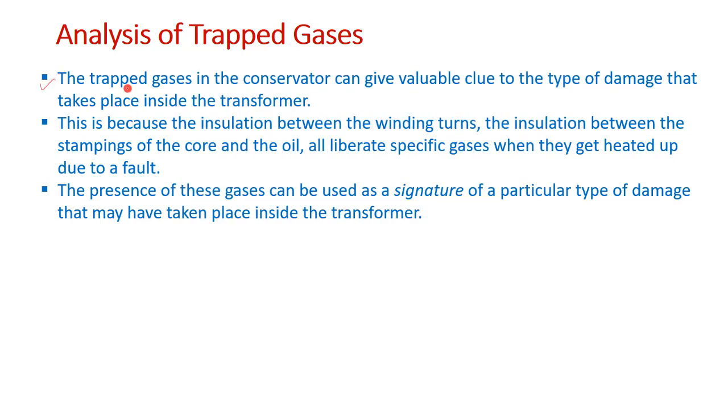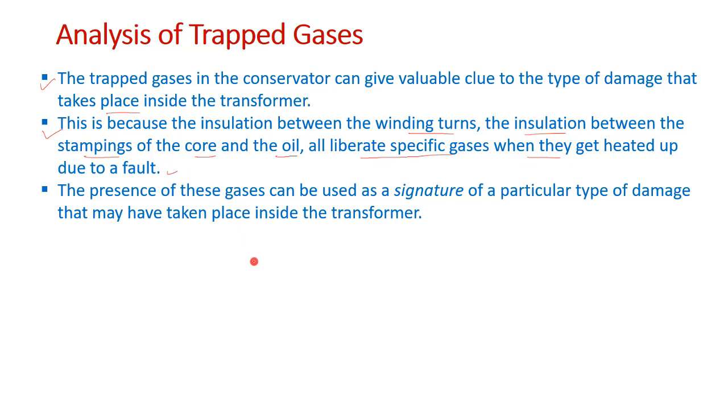So the trapped gases in the conservator can give a valuable clue to the type of damage that takes place inside the transformer. This is because the insulation between the winding turns, the insulation between the stampings of the core, and the oil all liberate specific gases when they get heated up due to a fault.